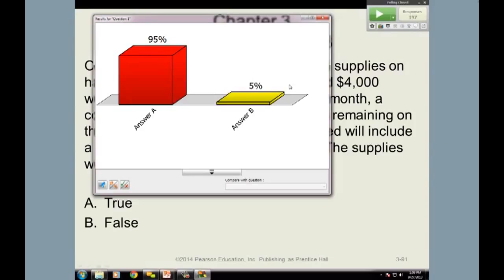All right. So if you looked at the T account. Okay, so the office supplies would have a beginning balance of how much? 2,000.